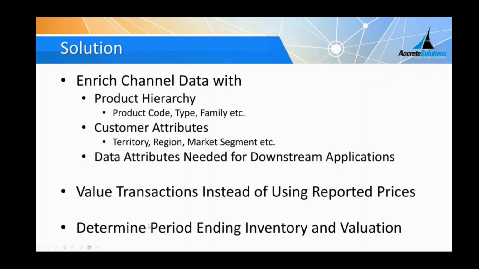And another requirement is the system should be able to calculate the period-ending inventory. This is important because your channel partners, your distributors or resellers, may not report the inventory on the last day of the month. For example, they might report the last inventory report for a month on maybe the 20th of the month.